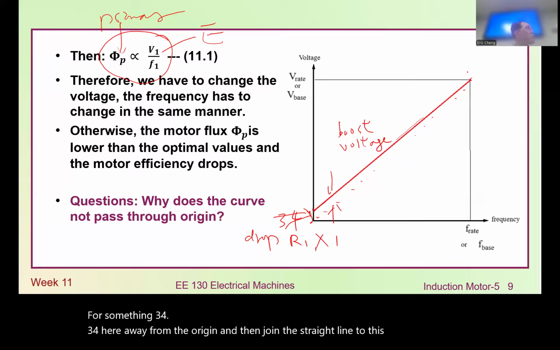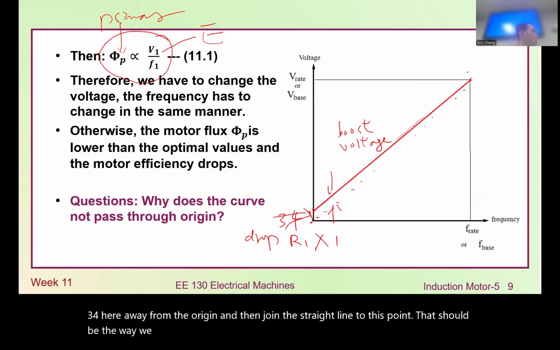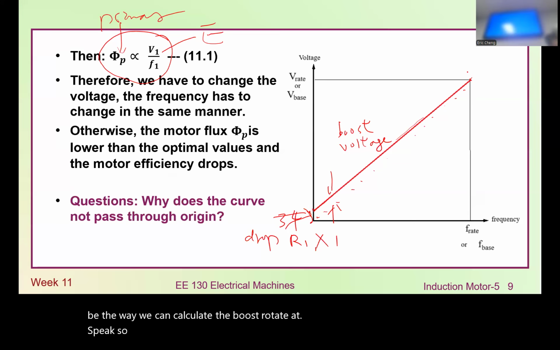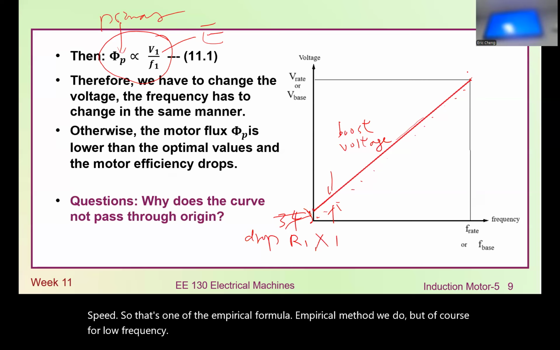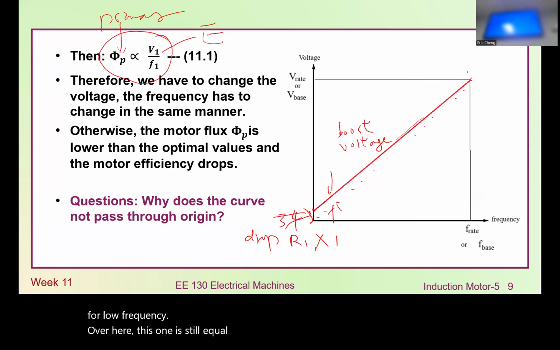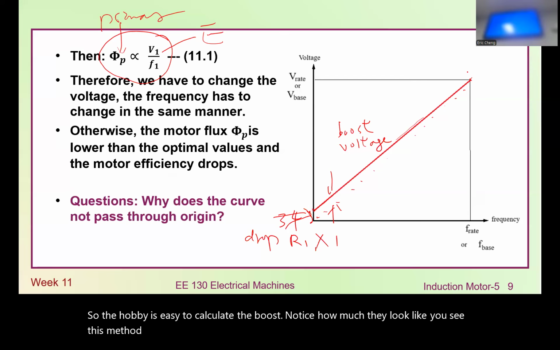That should be the way we can calculate the boost voltage at various speeds. That's one of the empirical methods we use. Of course, for low frequency, that is 6 Hz over here, this voltage is still equal to our expected boost voltage. That's how we easily calculate the boost voltage, what it looks like. You see, this method is only an approximation; we never have an exact method to do that.